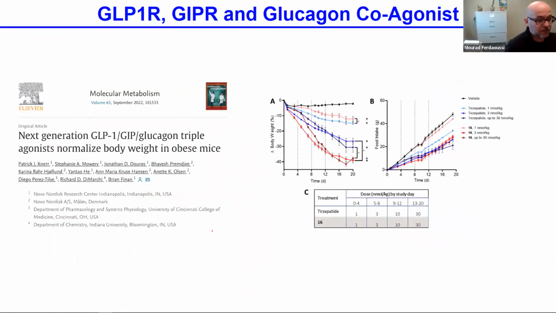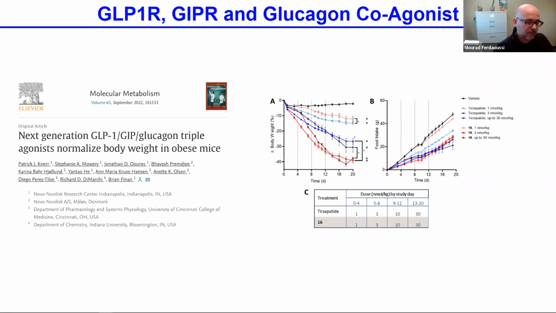So Eli Lilly published their first clinical study. Now Novo Nordisk also has their own GLP-1, GIP, glucagon agonist, called compound 16. In this preclinical study in mice, they observed a significant reduction in body weight, and the effect of this compound 16, at least in mice, is more potent than tirzepatide.